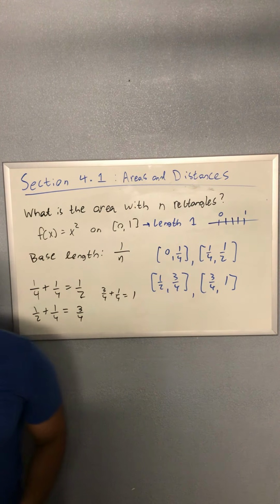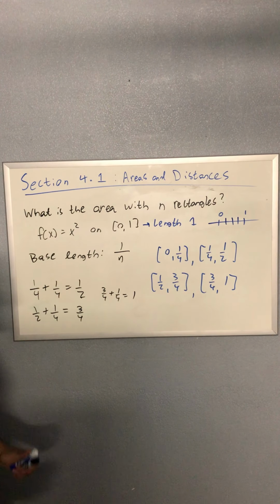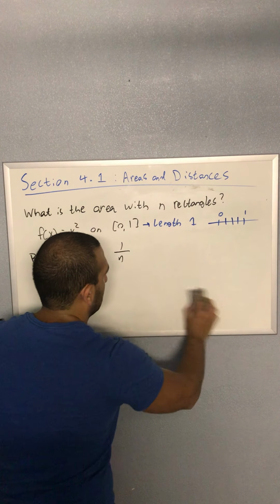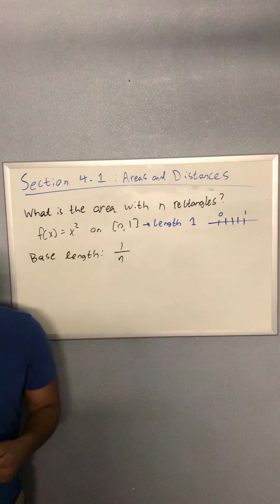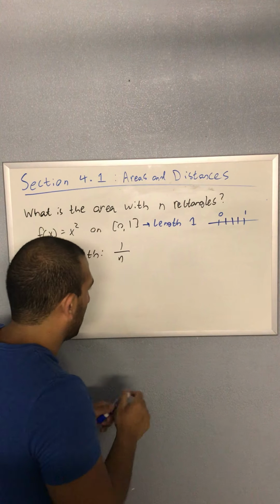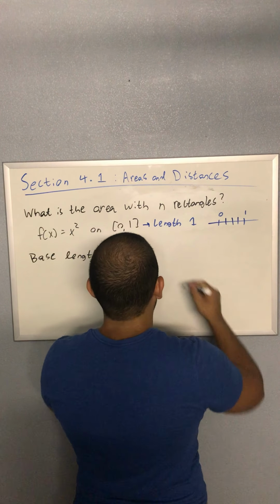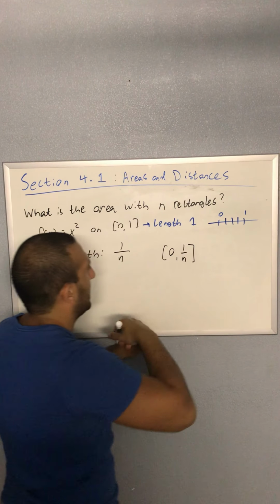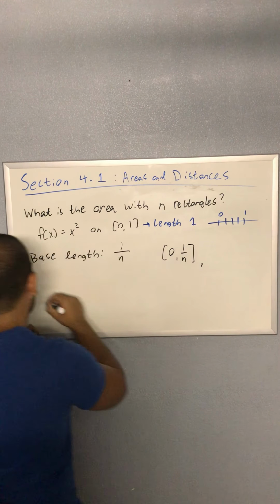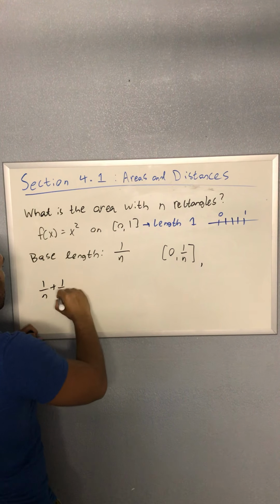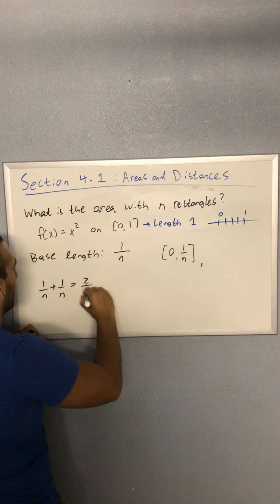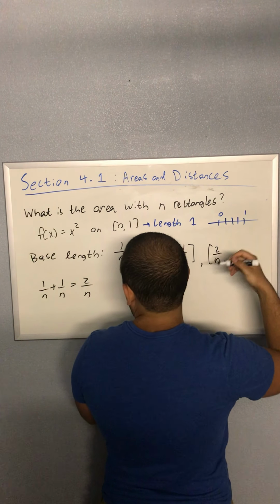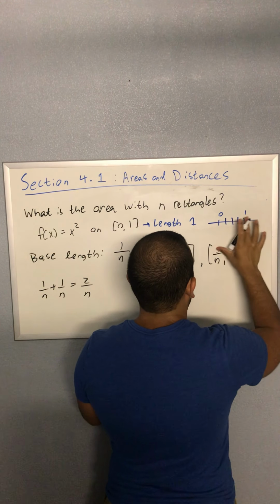So the intervals that we're going to get in our case now: when n was 4, this was 0 to 1/4. Instead, it's going to be 0 to 1/n. And then what happens when you take 1/n and add it to 1/n? Well, you get 2/n. So the next interval is 1/n to 2/n.